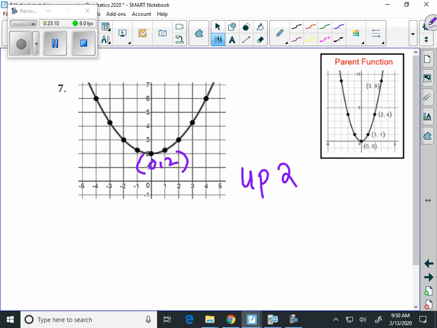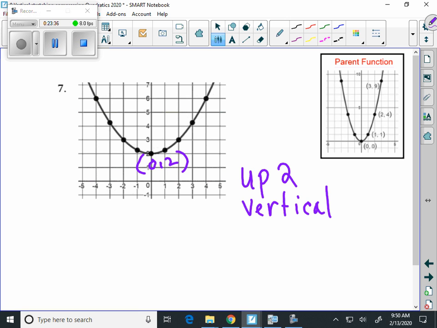Doesn't look like we reflected, but it does look like we have some sort of vertical change. So we need to take that into account. And when we go 1 space to the right, we're going up a partial amount. We don't know how much. So we can't go 1 space to the right, 1 up. We can't compare that one. But 2 spaces to the right, we went 1 up.